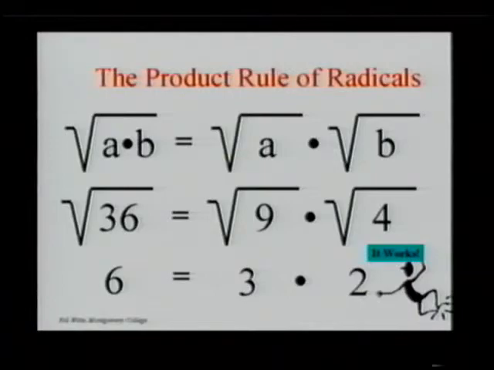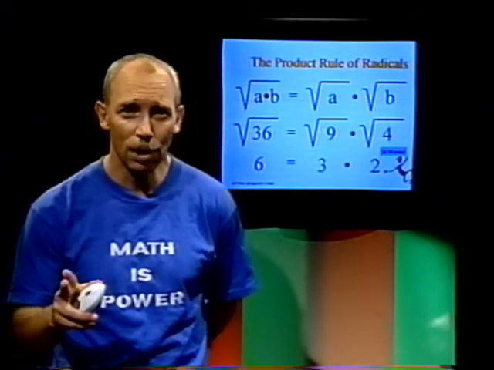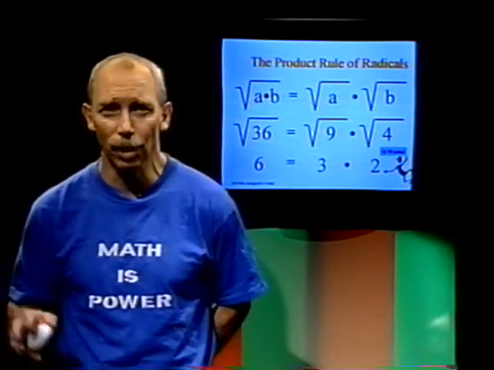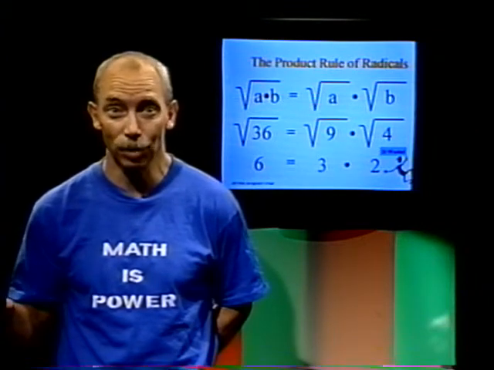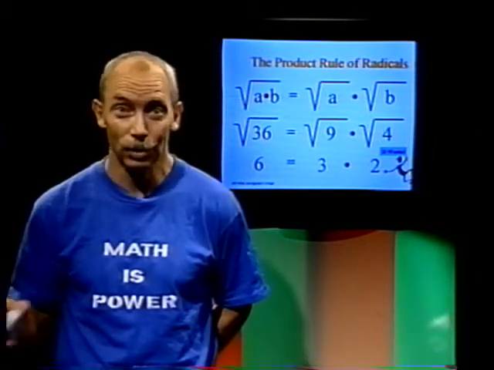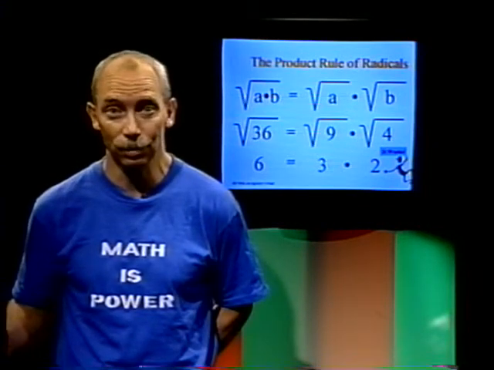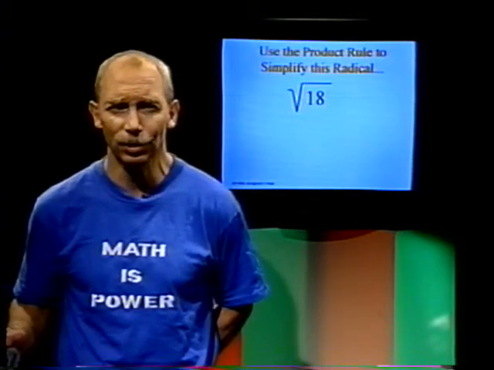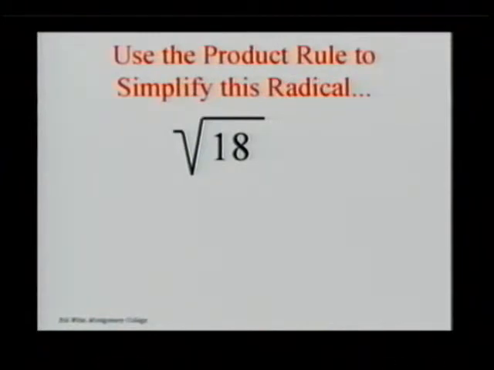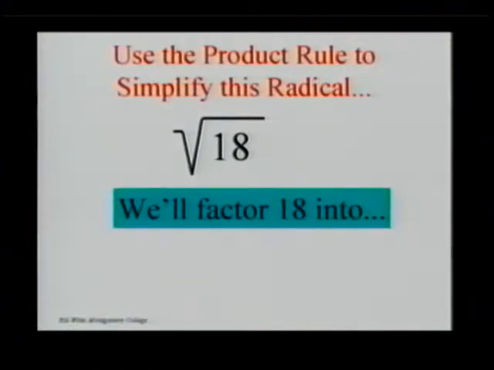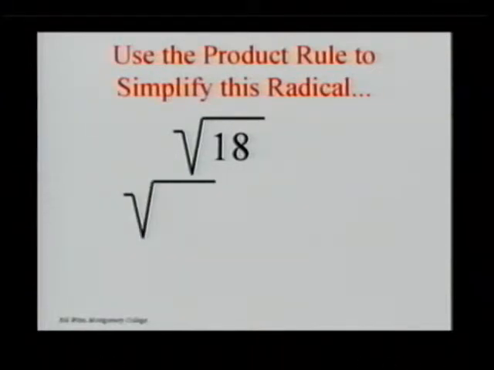Now you might say big deal, but this product rule, the square root of two numbers multiplied is the multiplication or product of the two square roots, is going to be of great use to us in simplifying these radicals. For instance, let's simplify the square root of 18. We're going to factor it into the largest perfect square that goes into it.